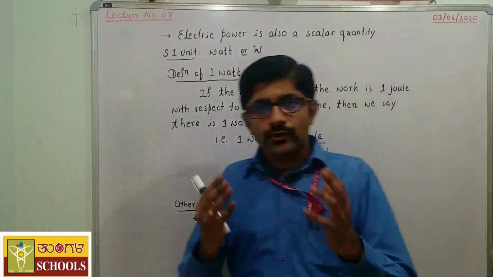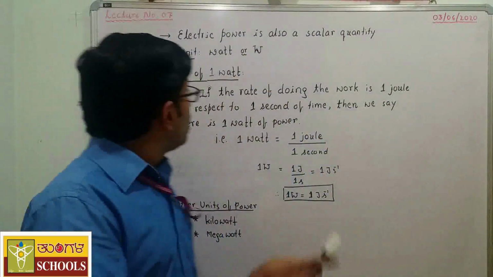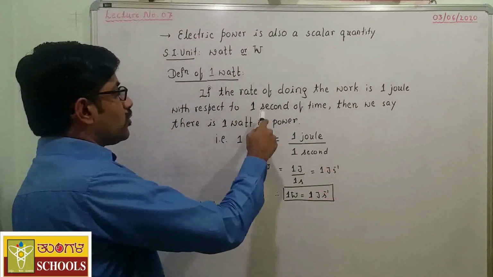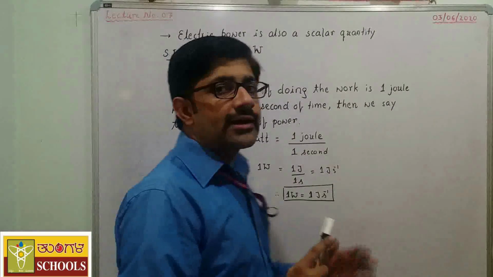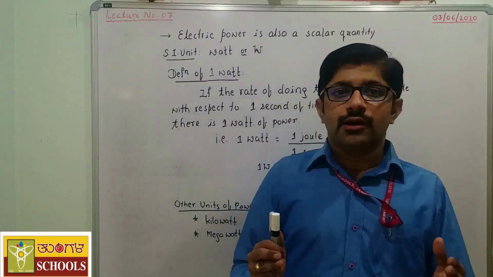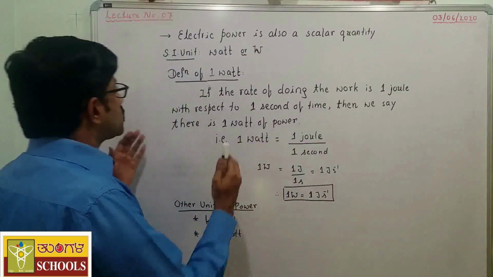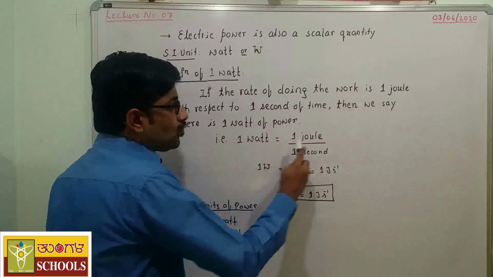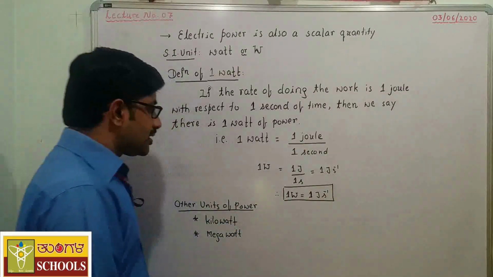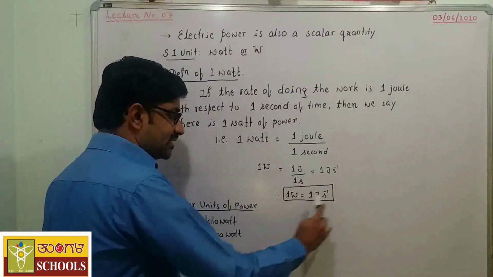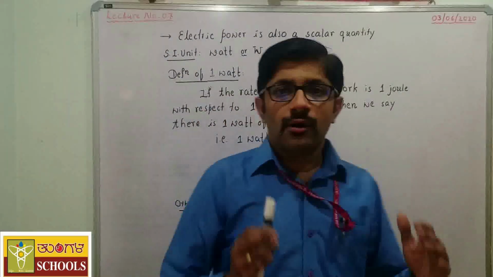We call it 1 watt of power only when the rate of doing work is equal to 1 joule per second. Therefore, 1 watt is equal to 1 joule per second.